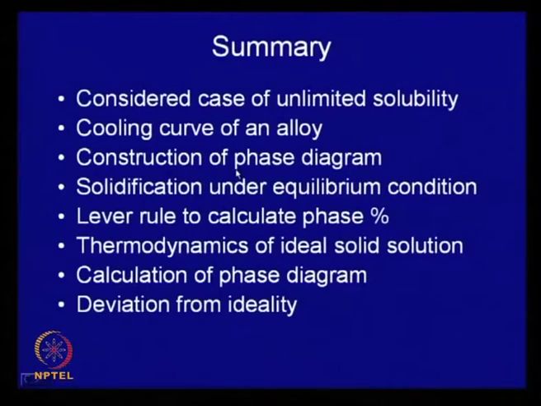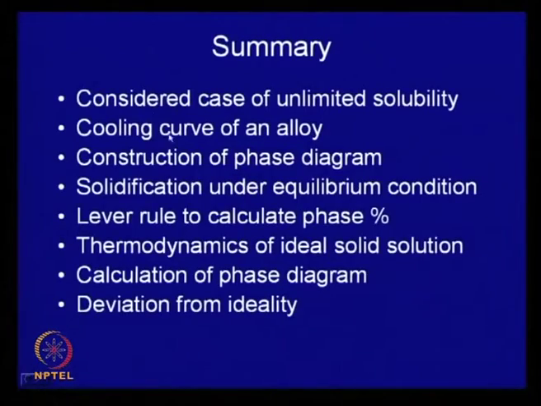So, to sum up what we have done today, we have looked at the case of unlimited solubility in both liquid and solid state, and this type of system is called an isomorphous system. We looked at the cooling curve of an alloy belonging to this system.